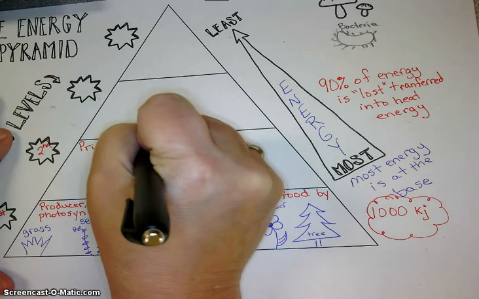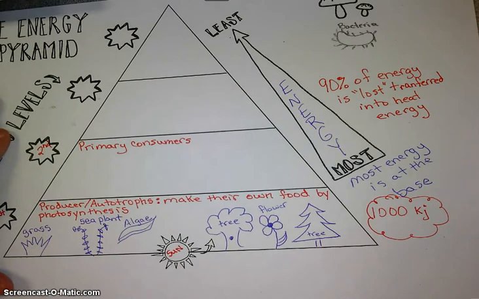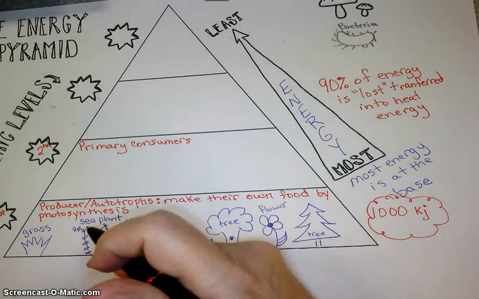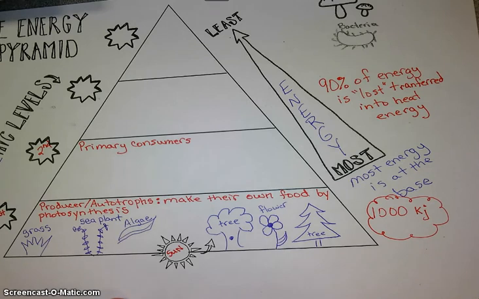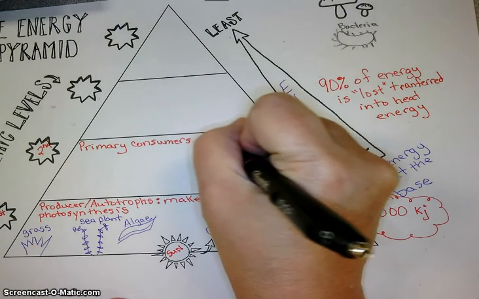Primary consumers. And those primary consumers, you could also say primary heterotrophs, but they usually don't, are only going to eat what is below them in the energy pyramid. So that means they're only eating plants. Therefore, they are herbivores.